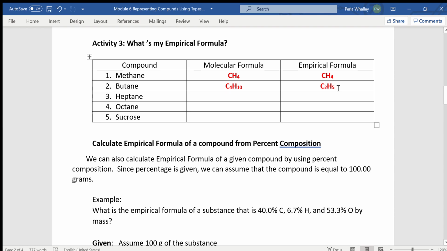So the empirical formula for butane is C2H5 because there is no more common factor that will divide these subscripts. That is the final empirical formula for butane. Now do heptane, octane, and sucrose, and put your answers here.